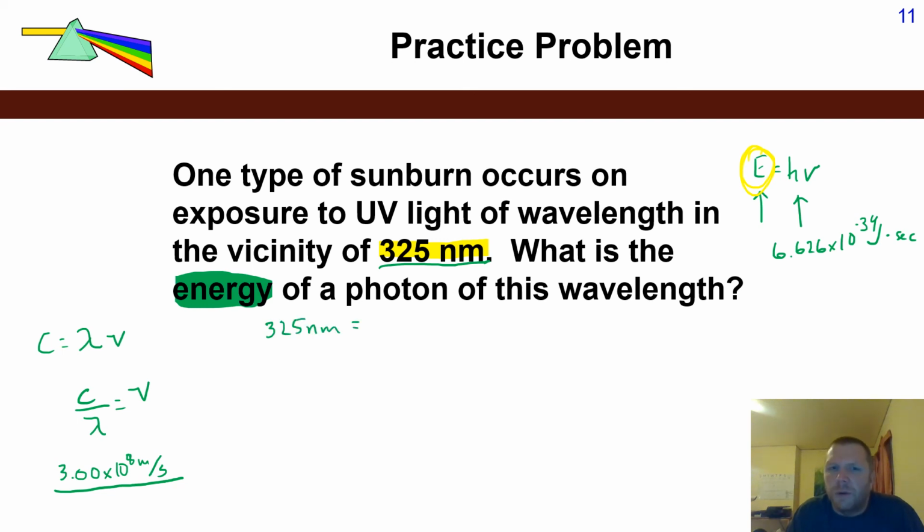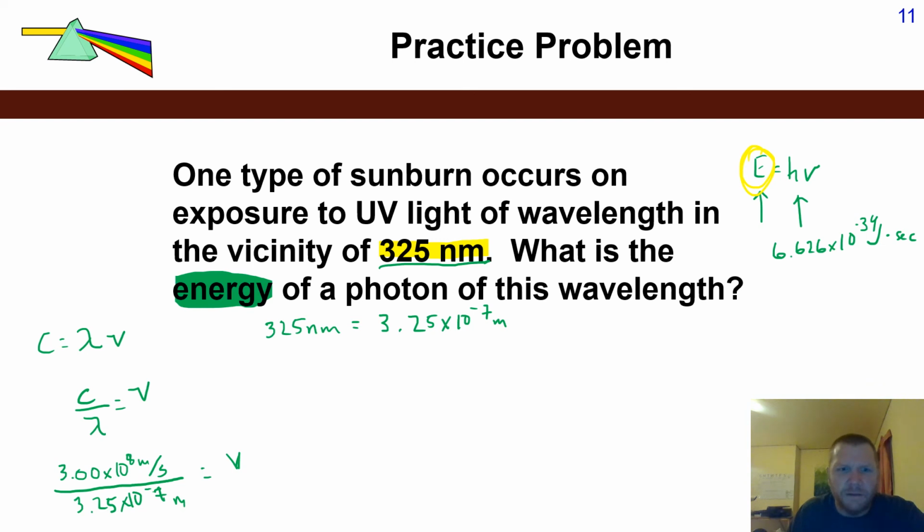If I'm talking about 325 nanometers, I can go ahead and write that as 3.25 times 10 to the negative 7th meters. And that is equal to frequency, my v value there.